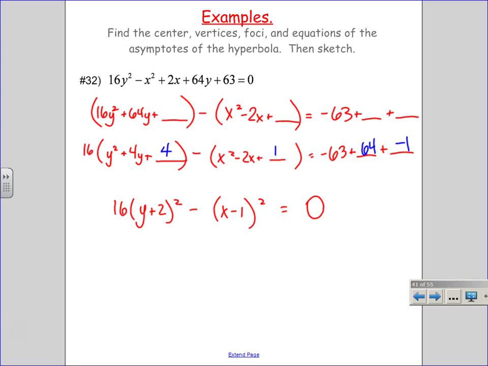Don't both of your standard forms have equal to 1? Aren't we supposed to divide somebody now to get nice little denominators and the nice little standard form? Oh, we saw that trick. We can make this a divided by 1/16 and that a divided over 1.